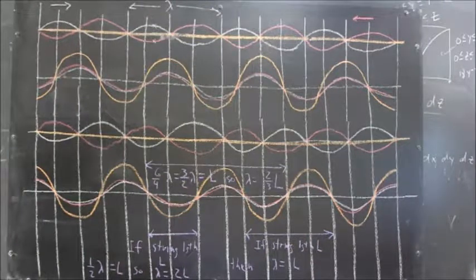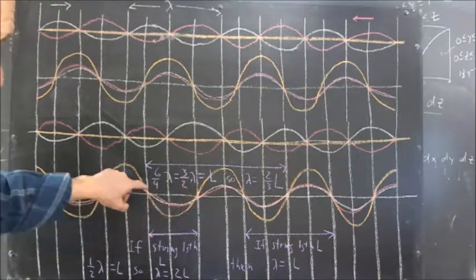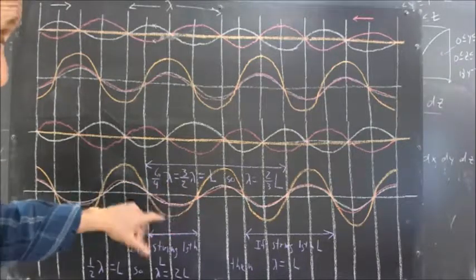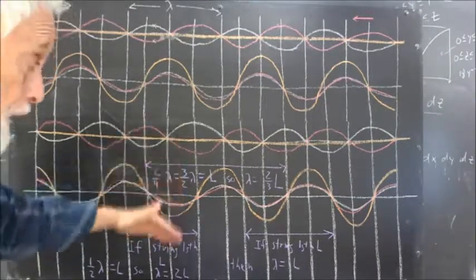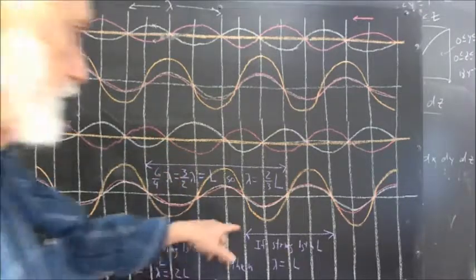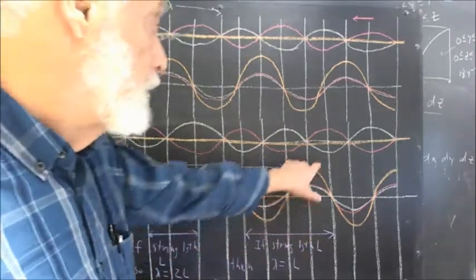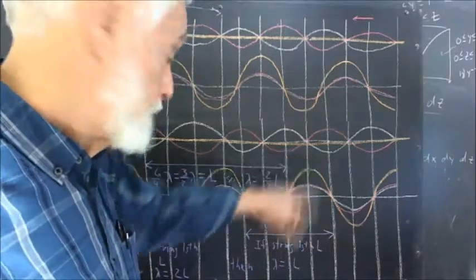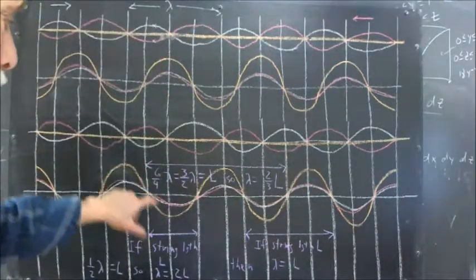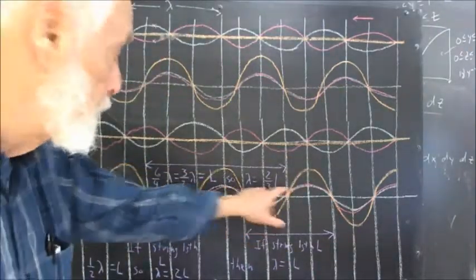We've seen then how a string of length L could support a standing wave of this nature, with one peak, one antinode. We've seen that it can support a wave with two antinodes. And here we have a wave with 1, 2, 3 antinodes.